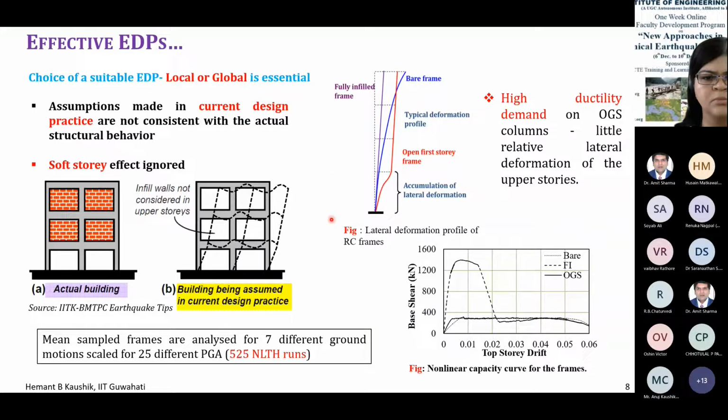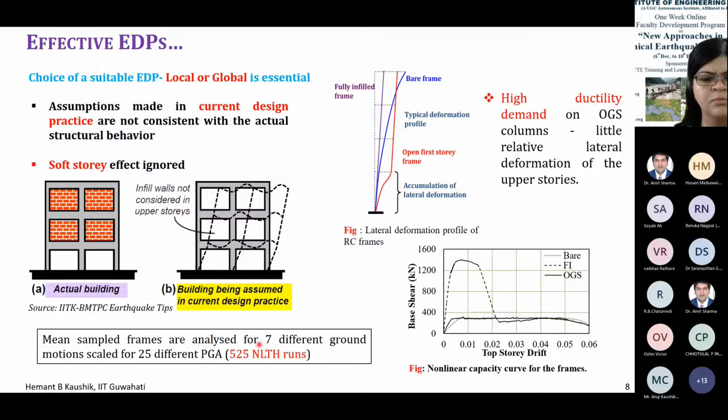So what we did, we considered the mean sampled frames. I'll let you know later what these mean sampled frames are. Mean means all the material values, all the geometry values, all the loading values were considered at their mean. So there was no variation in the properties as far as geometry, material, and loading are concerned.